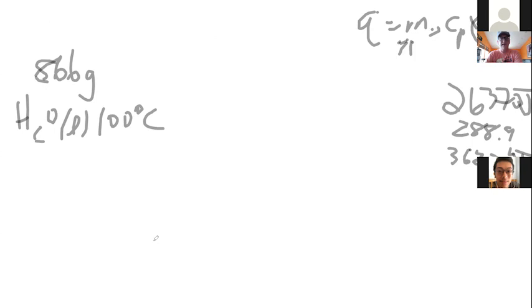So what am I actually doing to the water at 100 degrees? It's going from a liquid to what? What happens to liquid water at 100 degrees?